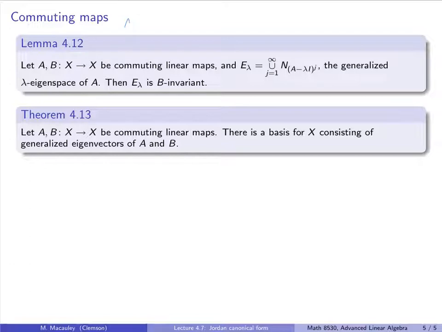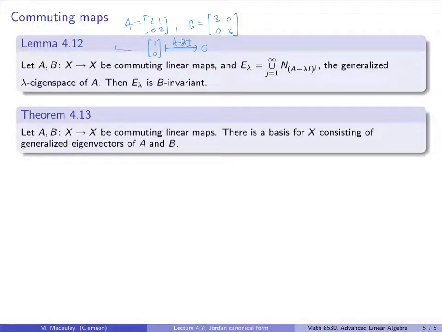So for example, if we take A to be the matrix 2, 1, 0, 2, and we take B to be the matrix 3, 0, 0, 3, then A is not diagonalizable. It has an eigenvector (1, 0) that gets mapped to 0 by A minus 2I.